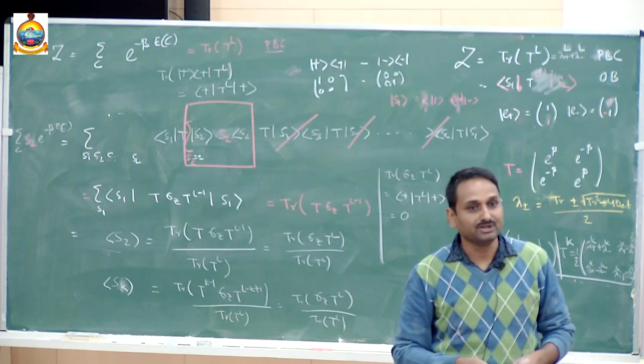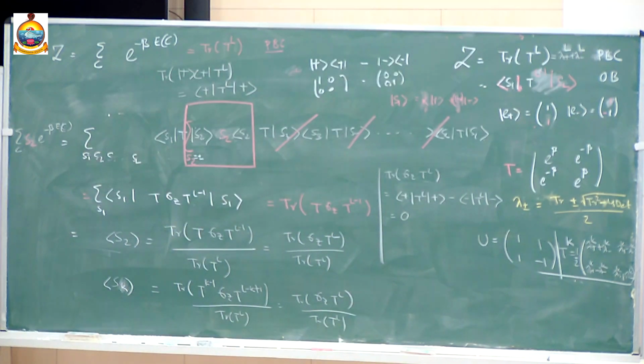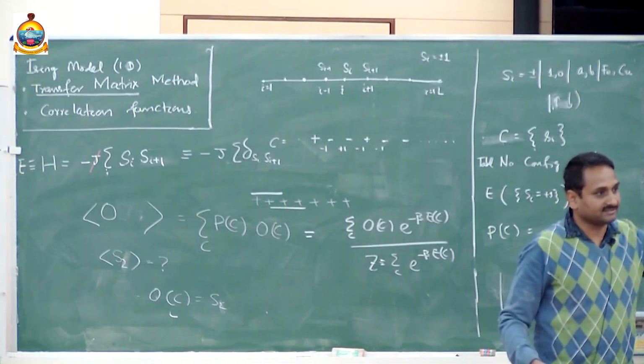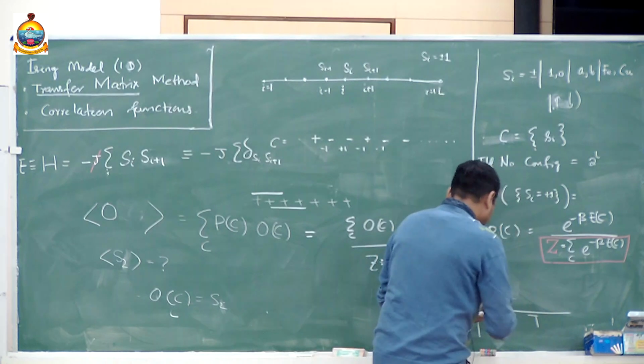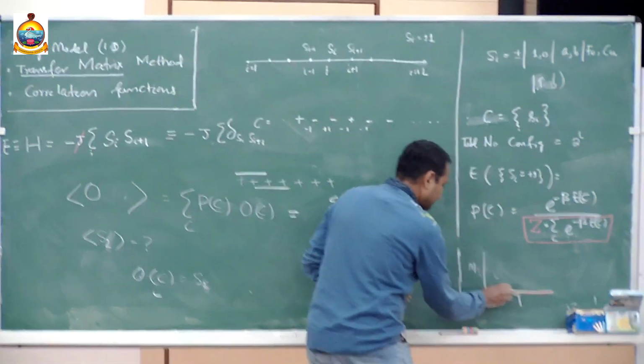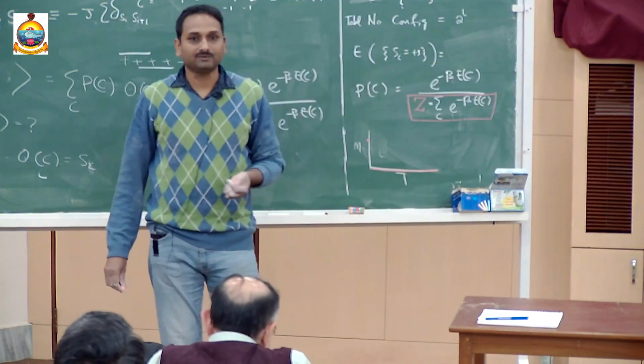So if you want to plot magnetization versus temperature, S average is called magnetization, it will be 0 everywhere and 1 here. Okay.